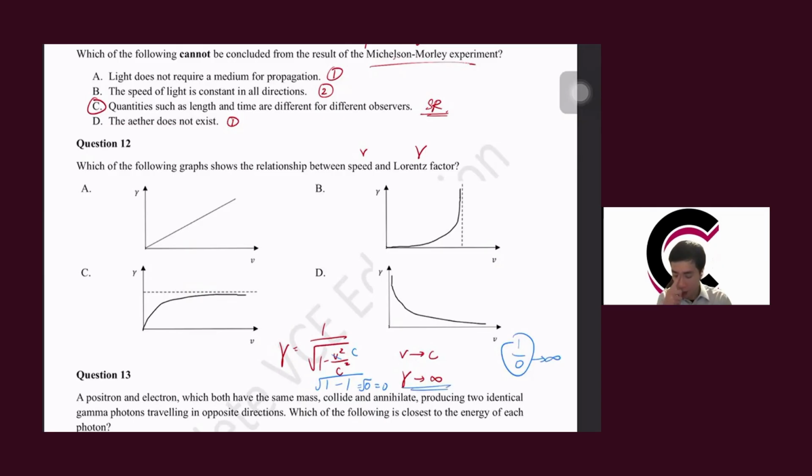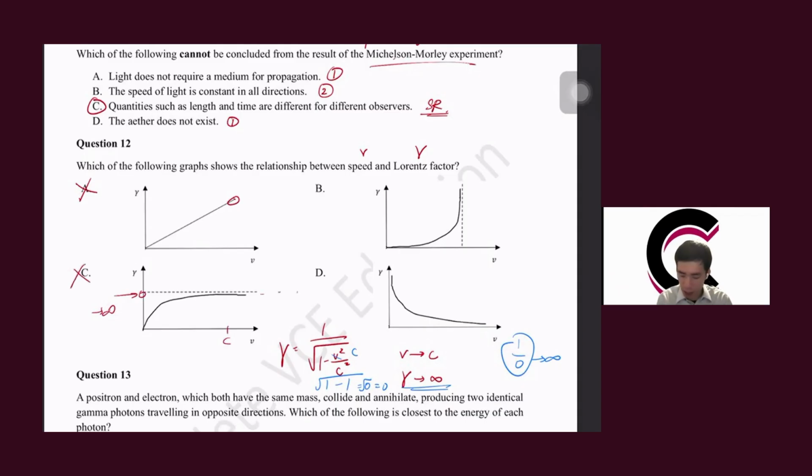In other words, mathematically, you're going to find a graph that as the speed gets close to the speed of light, this graph should explode. You should go exponentially high for the Lorentz factor. That eliminates option A because it's not a straight line. That eliminates this one because the Lorentz factor is going to go towards infinity as we approach c, not going like this forever.